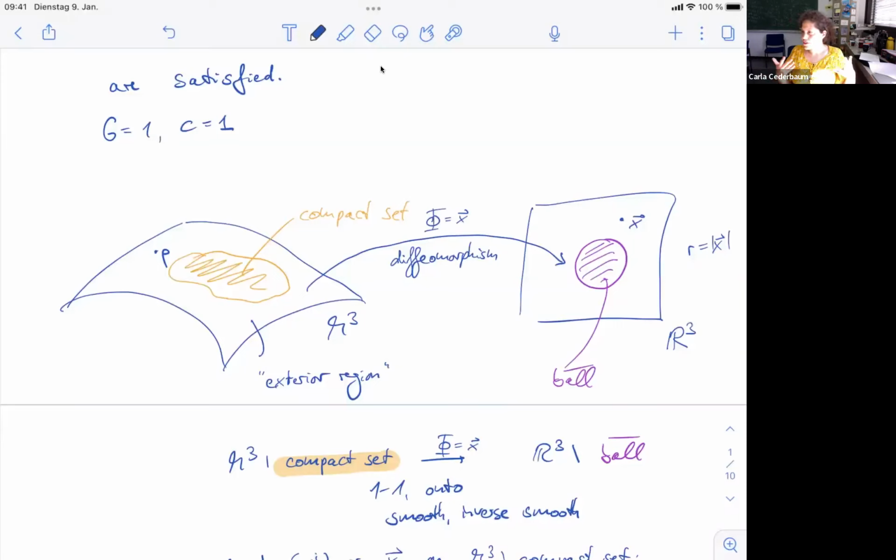But as far as I know, historically speaking, they all came after ADM derived these quantities. And I wouldn't know of a coordinate-independent way of deriving these very quantities, other than saying, okay, later we found that there is some way of approximating them by coordinate-independent quantities.